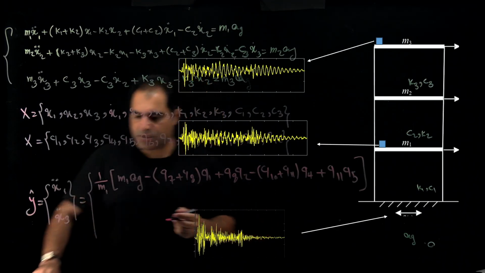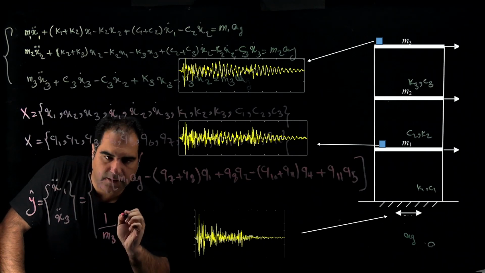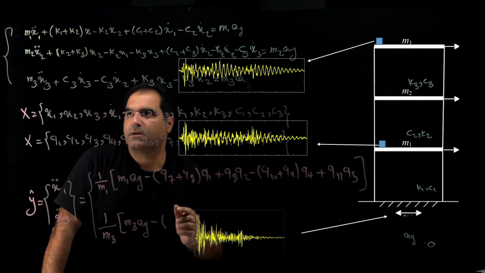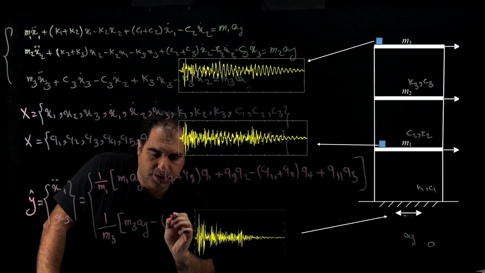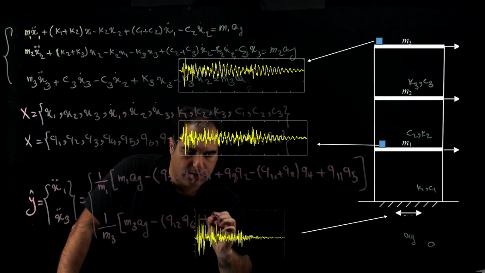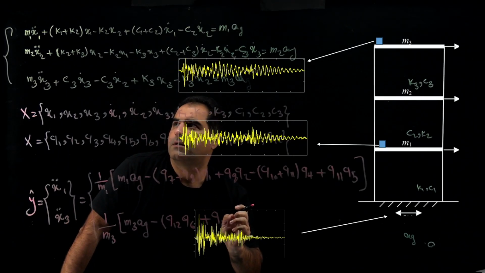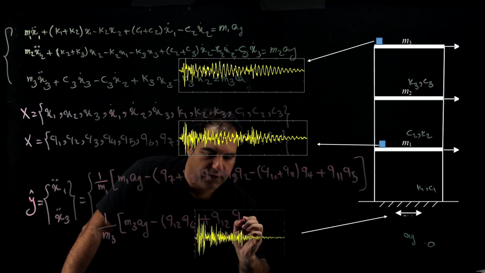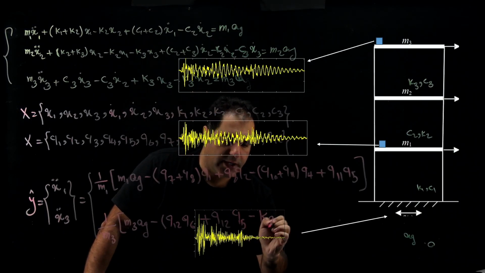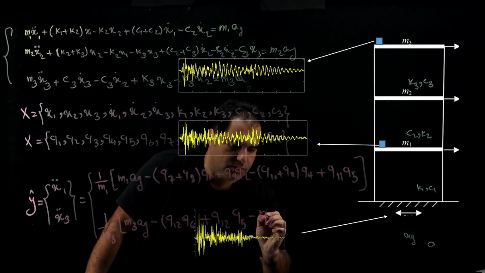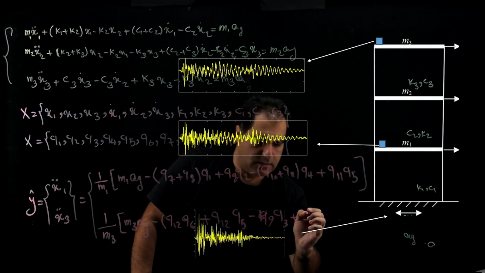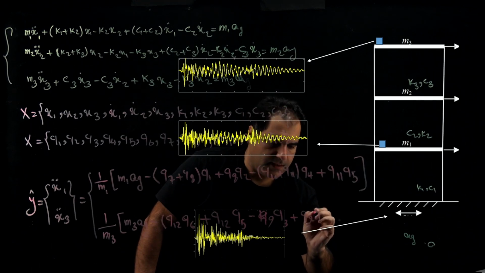Then my third one will be M3 AG minus, I will use this equation, which will be minus Q12 Q6 plus Q12 Q5 minus Q9, I'm sorry, Q9, X3 will be Q3, plus Q9 Q2.